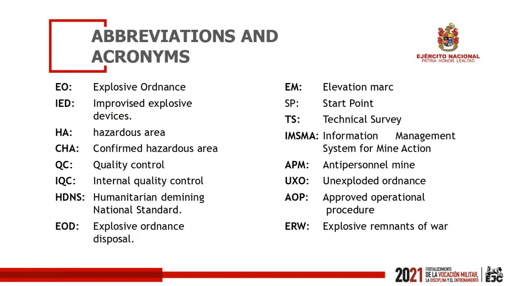You can see in this slide the different acronyms that we will use in the development of this signature: the explosive ordnance, the improvised explosive devices, the hazardous area, confirmed hazardous area, quality control, internal quality control, the humanitarian demining national standard, the explosive ordnance disposal, and different points like elevation mark, start point.